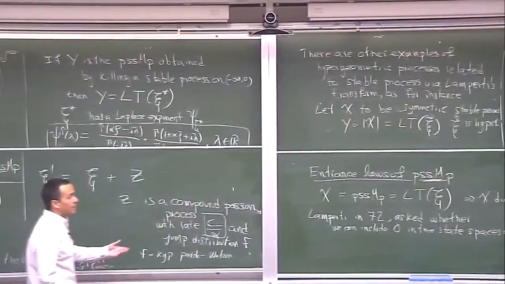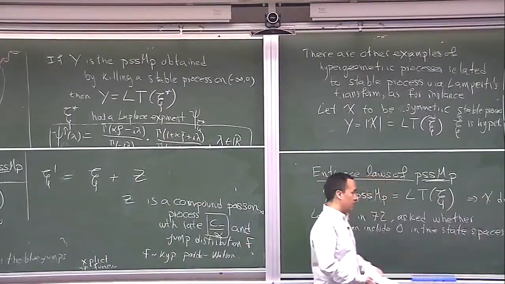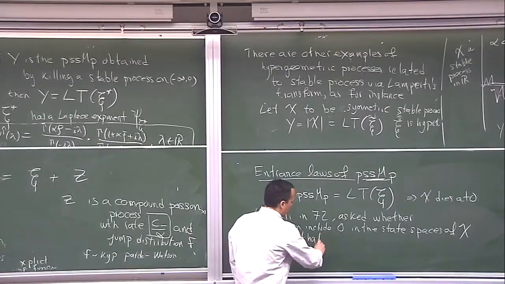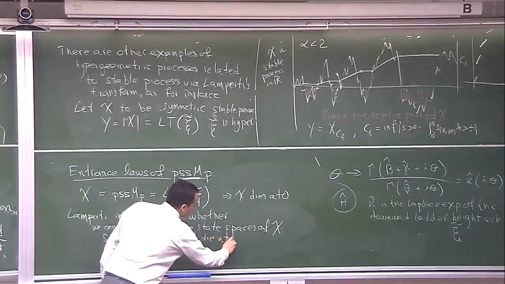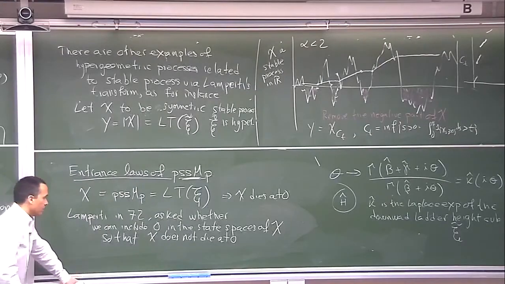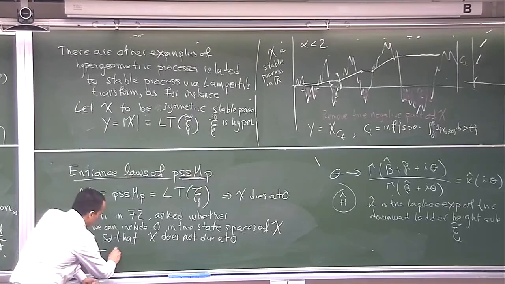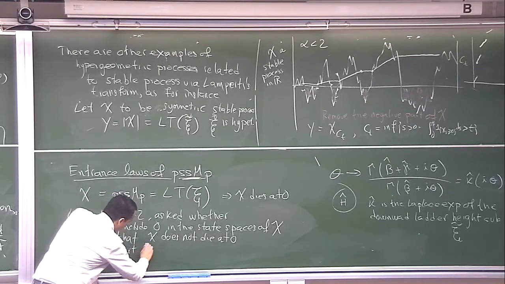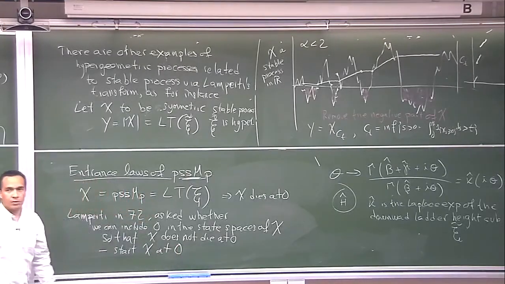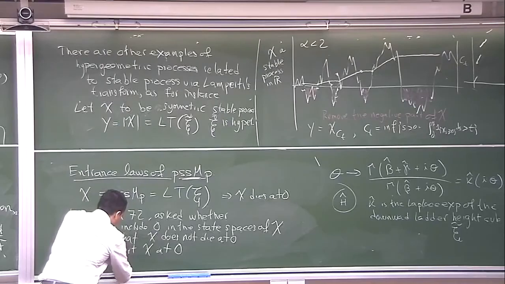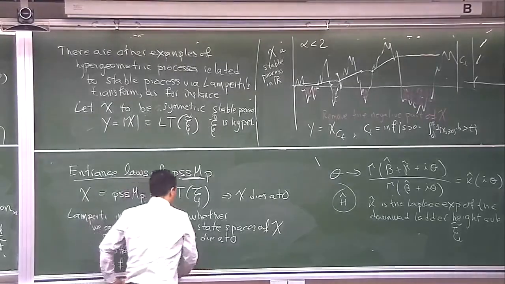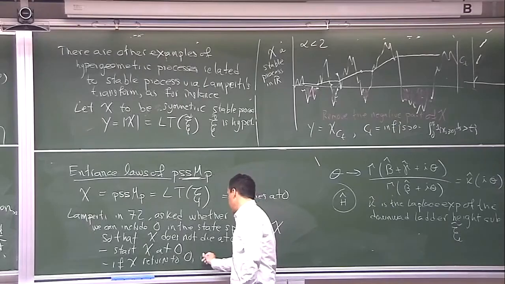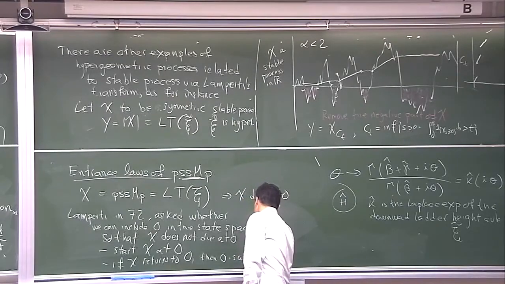By asking that, I'm just asking that the process will not die at 0. So we should be able to start X at 0, and if X returns to 0, then 0 is a recurrent state.